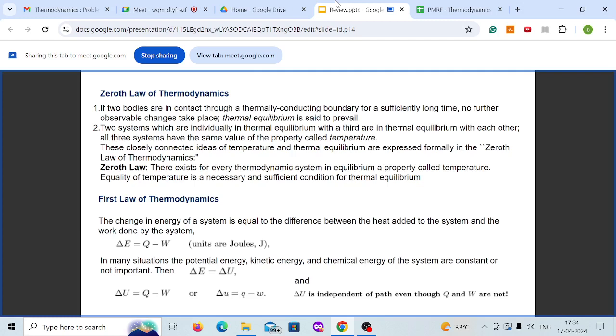If any system goes through a cycle, then the net heat transfer is equal to the net work transfer. So the summation of heat transfer is equal to the summation of work transfer, or you can say the cyclic integral of Q is equal to the cyclic integral of W.